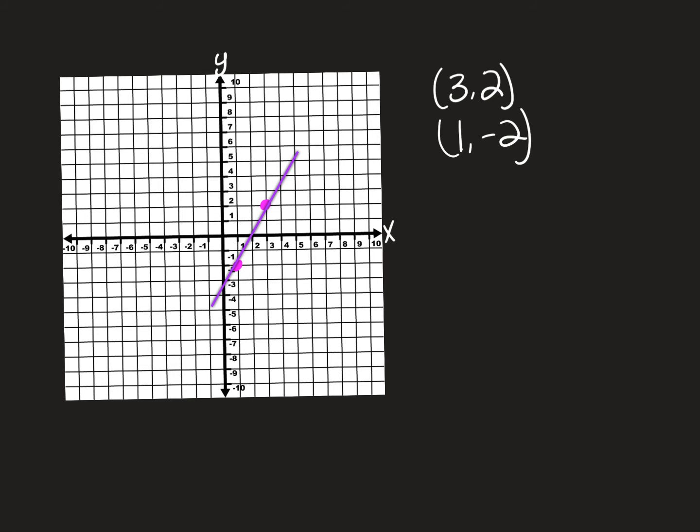And we can determine where they cross at the point. So if I could get this right, the y-axis is going to be right here at a -4.